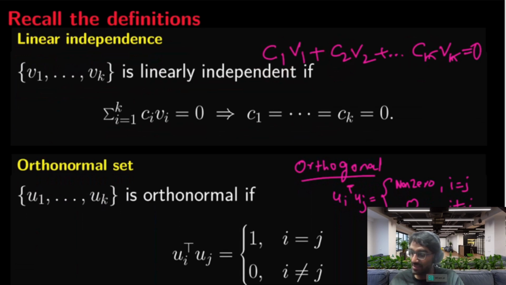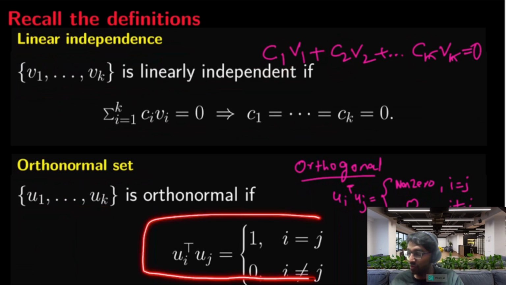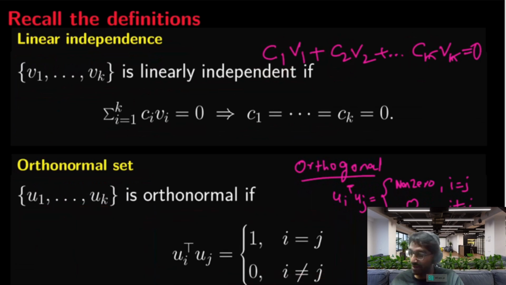Second term which has been used in the question is orthonormality. So a set is said to be orthonormal if for any vectors ui uj, ui transpose uj is equal to 1 if i is equal to j, 0 if i is not equal to j.